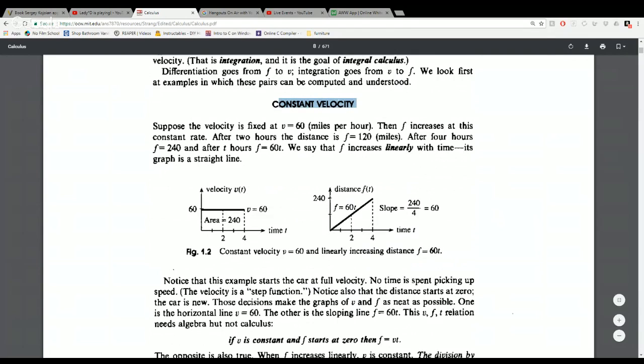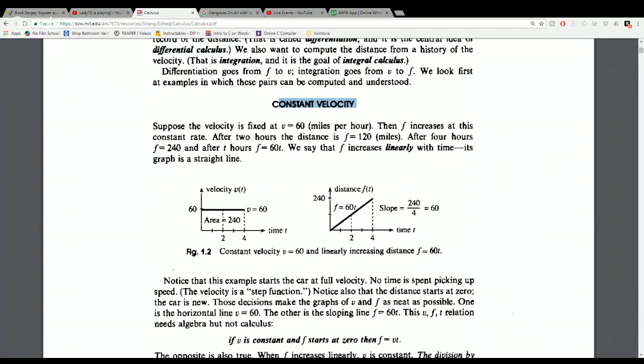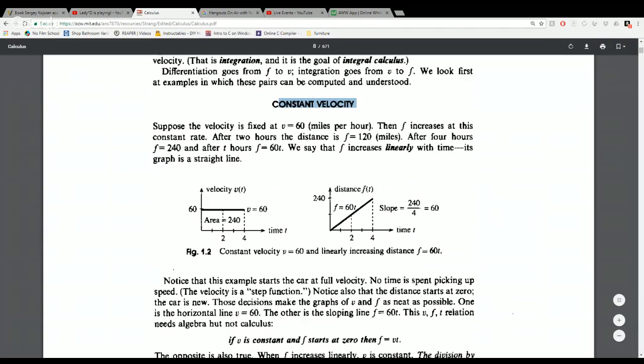Constant velocity. You're in a car, okay? I'm in my car. I'm driving at some constant velocity, and suppose the velocity is fixed at 60. I just refuse to use the word miles. 60 kilometers per hour. Okay, then f increases at this constant rate. What is f again? F is the distance we've traveled, right?